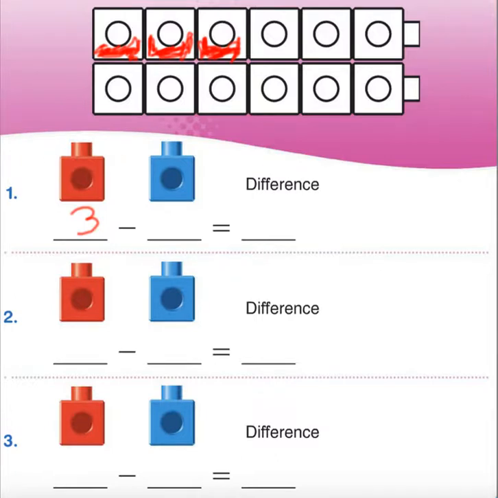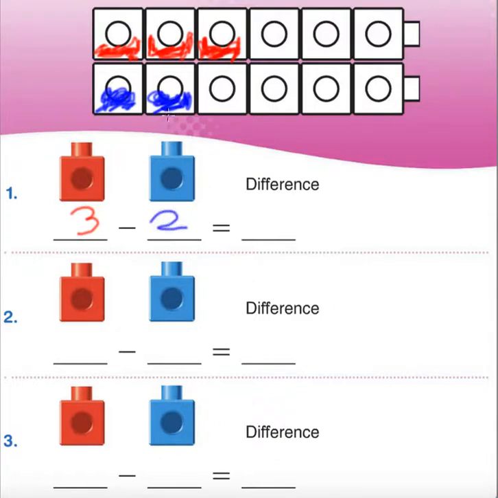And for blue, let me get my blue pen. We're just going to have 2 blocks. Okay, and make sure I have 2. 1, 2, and that's going to be our small number.